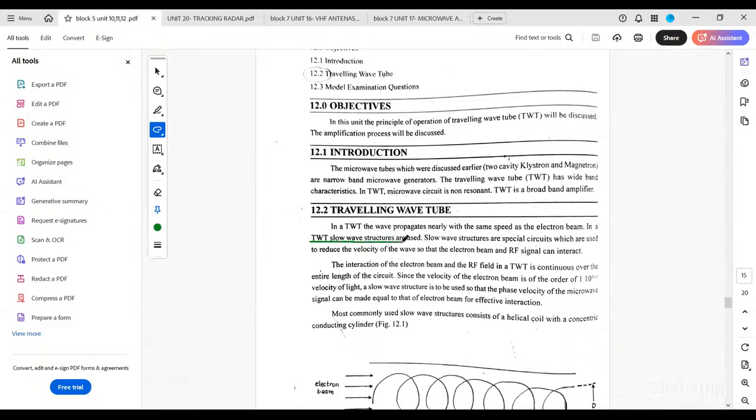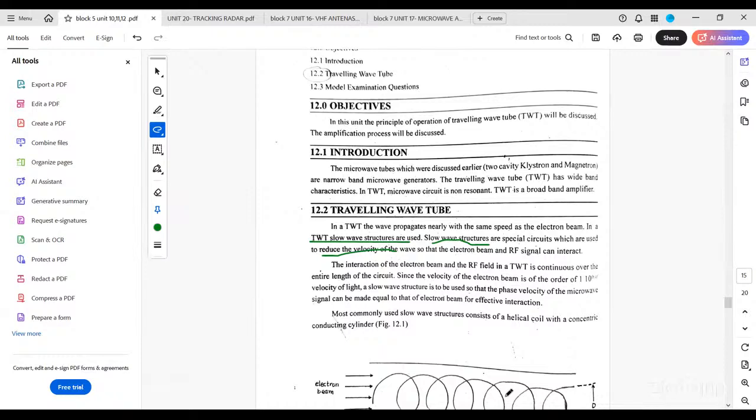For slow wave, whatever we want to slow down, for those we use traveling wave tubes. These slow wave structures are specially used to reduce the velocity of the wave. After reducing the velocity of which wave? The radio frequency signal. Then the radio frequency signal velocity matches the electron beam velocity. That is the main concept of using the traveling wave tube.